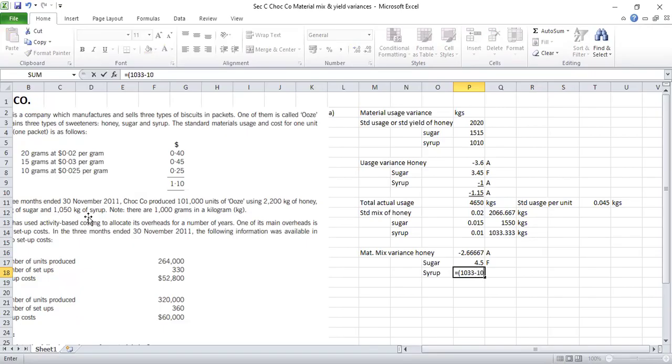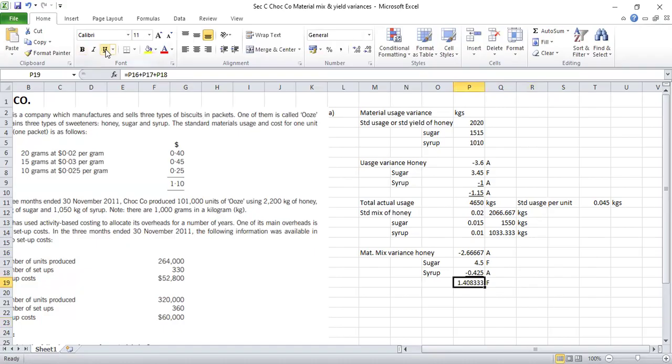Minus 1050 into price 0.025. So we have adverse. So this is your mix variance. If I add up all these values of mix variance, what would be the answer? This plus this plus this. So the net one is favorable. Why? Because the second one is favorable with the greater value in comparison with the rest of the two.